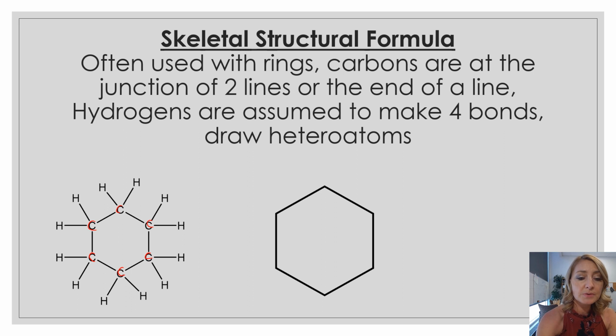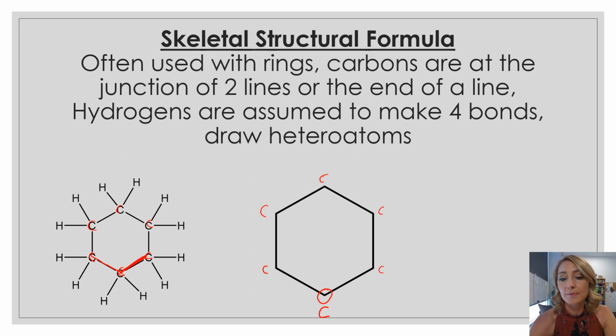We assume right here where 2 lines come together, so we're looking at this carbon right now, where 2 lines come together is a carbon. Okay, so we have a carbon here, here, here, here, and here, because 2 lines are coming together. At the end of the line, or the beginning of the line, that's a carbon as well.